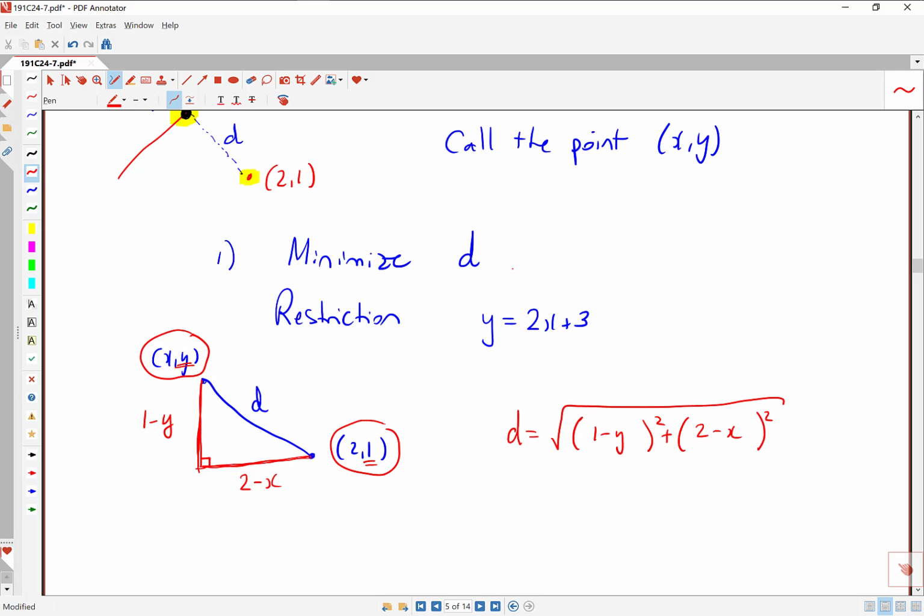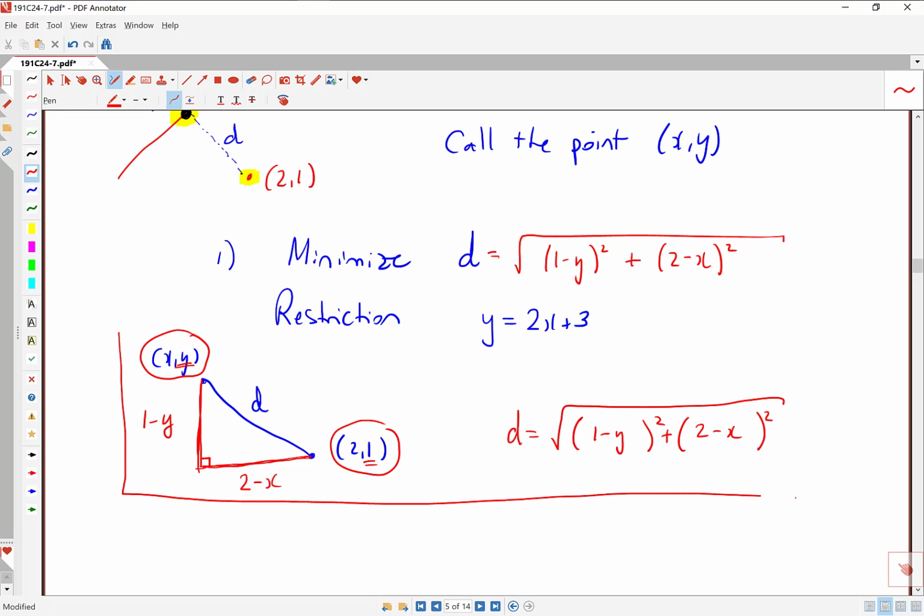Okay, so I'm going to write this formula up here in step 1. So we're going to be minimizing d equal the square root of 1 minus y all squared plus 2 minus x all squared. And this part here is just the visual to go with figuring out that formula d.